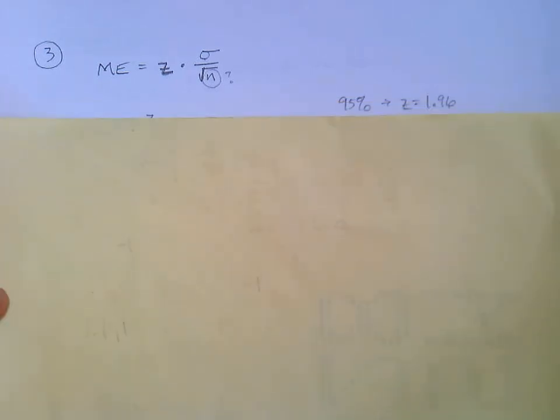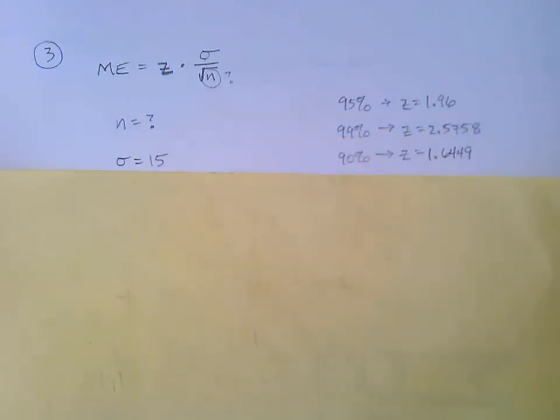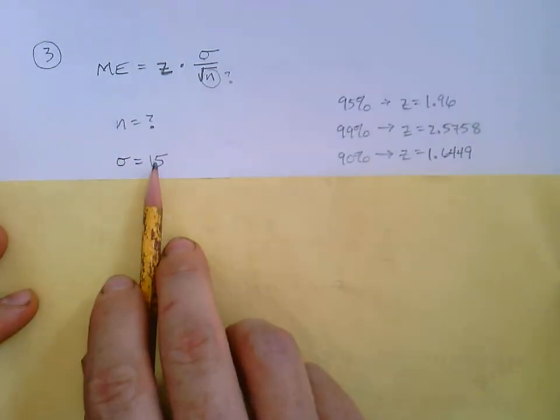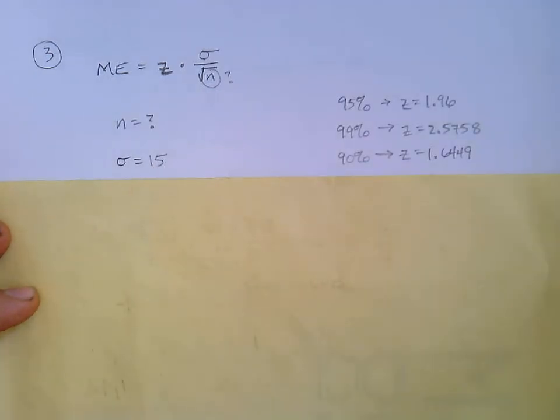Okay, well, some of these we know already. Let's just kind of go over here. So n is what we're looking for. We know sigma is 15.